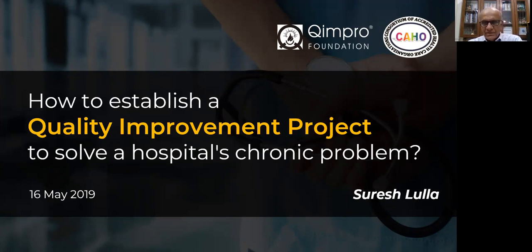Sporadic problems come with alarms. And like a firefighting department, the quality control department puts the fire out. They treat the symptomatic evidence of a problem. Chronic problems, one has to proactively look for them. How do we identify chronic problems? A very easy approach is to do a flow chart of a process.